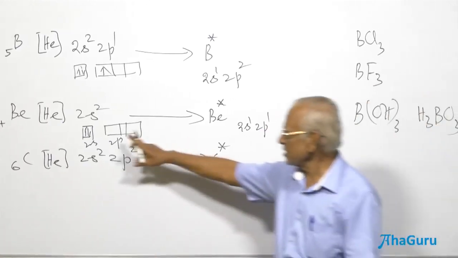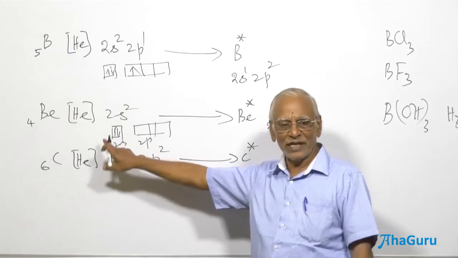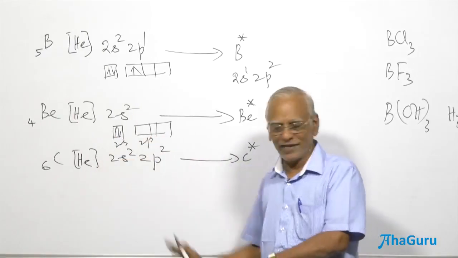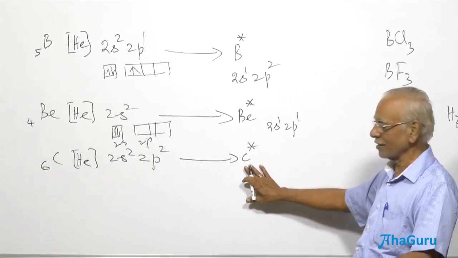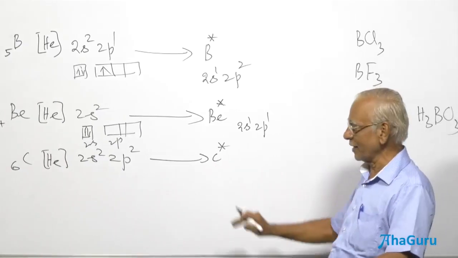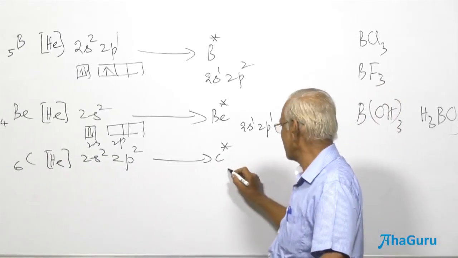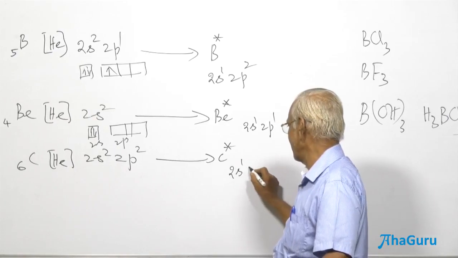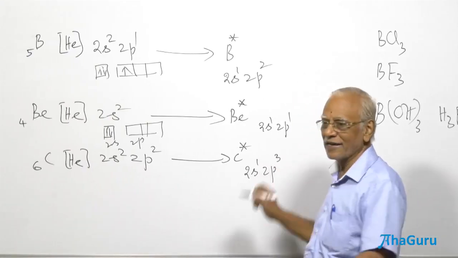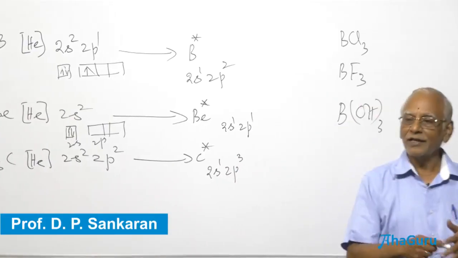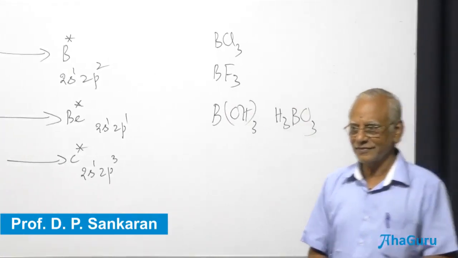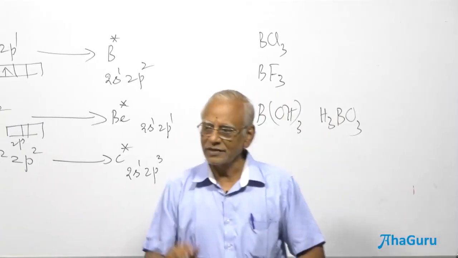You have only one electron here, it's promoted over here. Same way, what should be the electronic configuration of excited state carbon here? Tell me. 2s1 2p3. So how many unpaired electrons? 4 unpaired electrons. Therefore, is that clear to you?